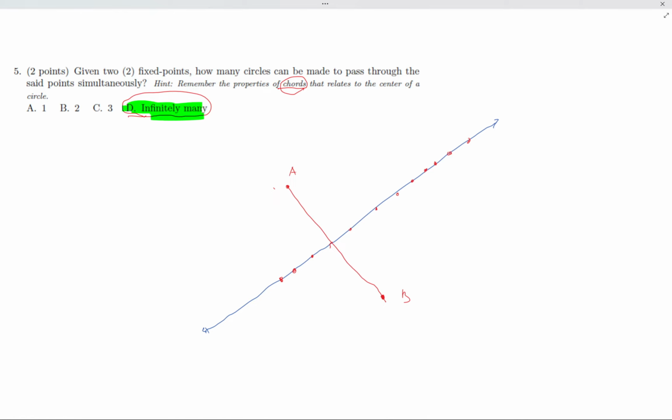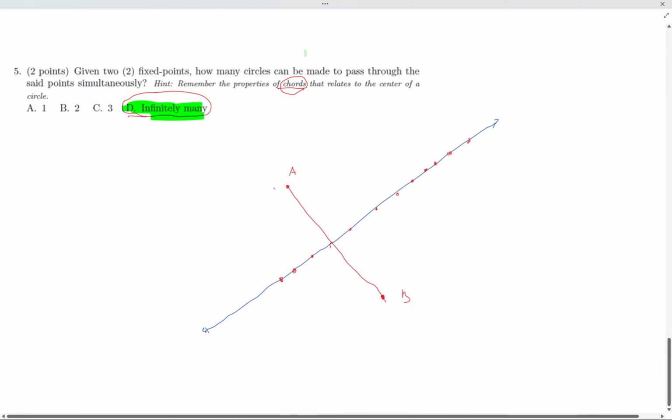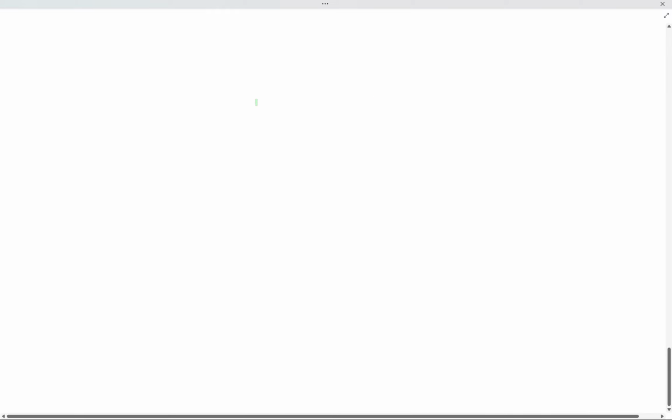I guess we are now ready to move on to question number 6, which is a bit related to question number 5. The only change is that for question number 6, we are talking about 3 points instead of 2 points where we want our circle to pass through.